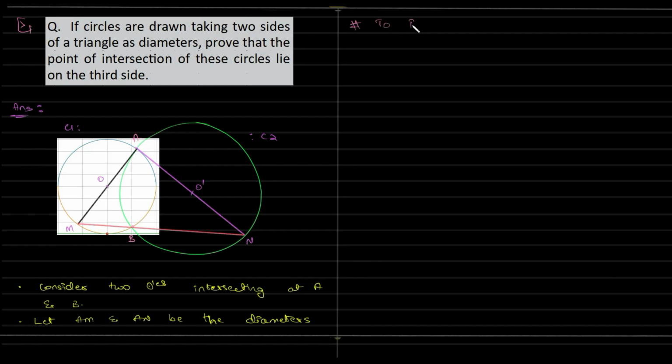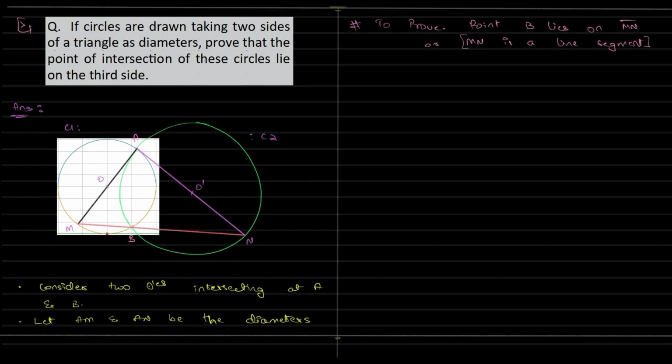So to prove point B lies on line segment MN, or MN is a line segment.